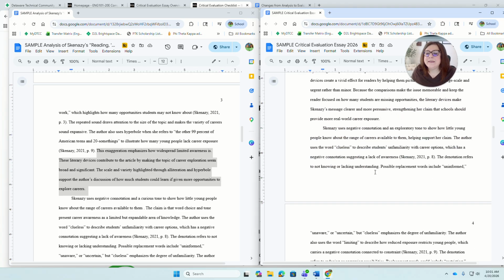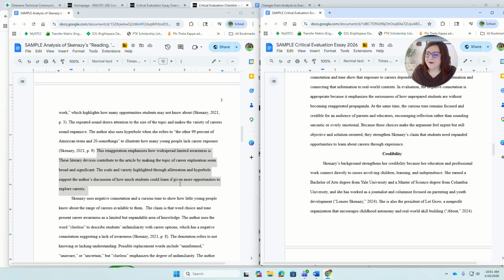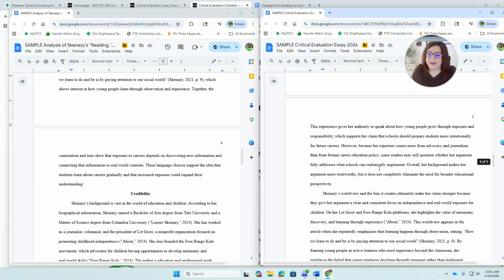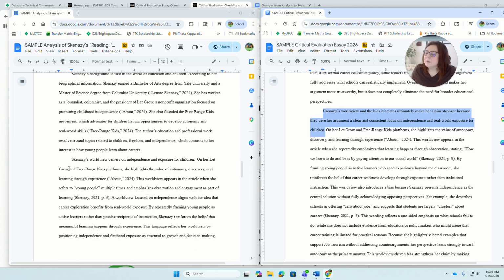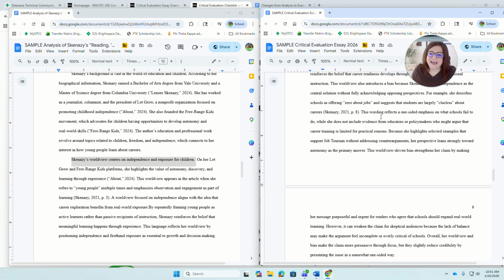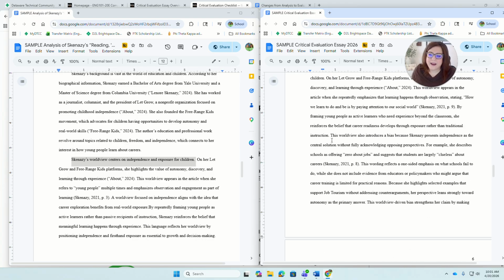So we're going to be doing that all the way down, okay? Notice how these expand a little bit. And then we're going to be adding in information here, to worldview. We're adding in the bias. Notice that we have a whole area right here talking about the worldview, right?